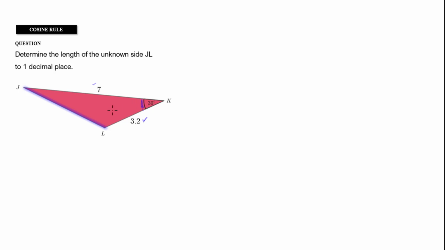Remember, the cosine rule told us the square of this side is going to be equal to the square of the other two sides minus that something, which involves these sides. So I'm going to name my sides. Since this is the side k, I'm going to call it lowercase k, the side opposite to it. This is l, so I'll call this lowercase l. And this angle is J, so I'll call this side lowercase j.